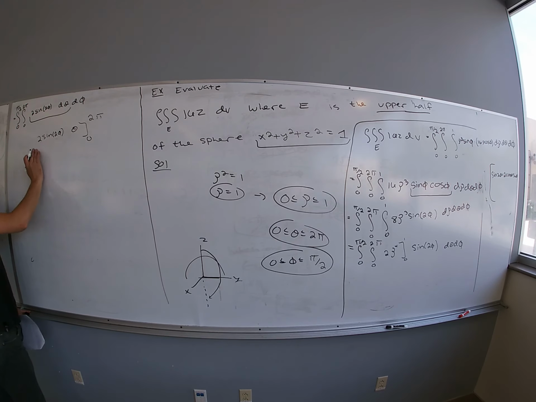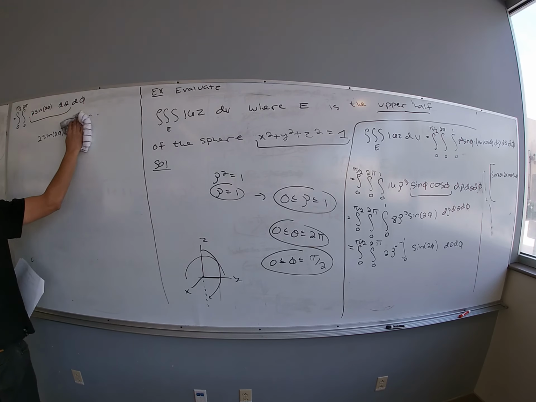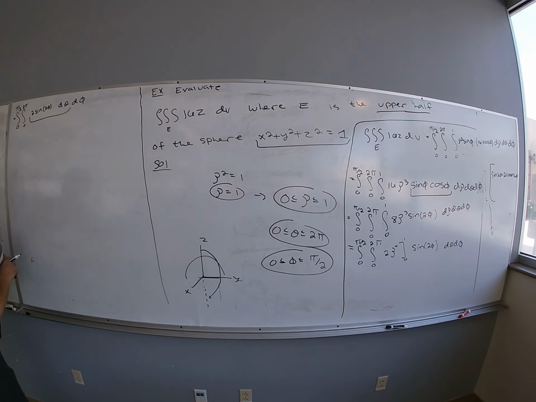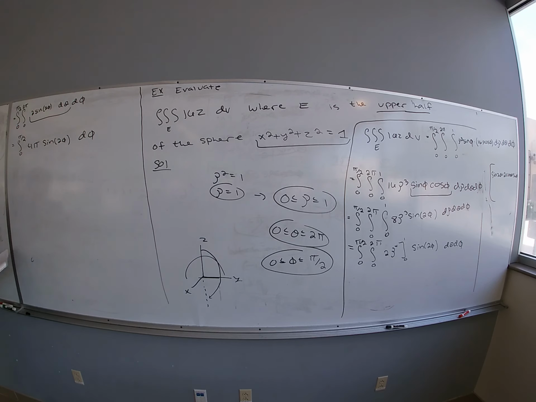The 2 pi is just going to go in here and make this 4 pi, okay? So, what does this give me? Equals integral from 0 to pi over 2. 4 pi, like I said, and that sine of 2 phi gets left alone. D phi. Okay? Final integration.